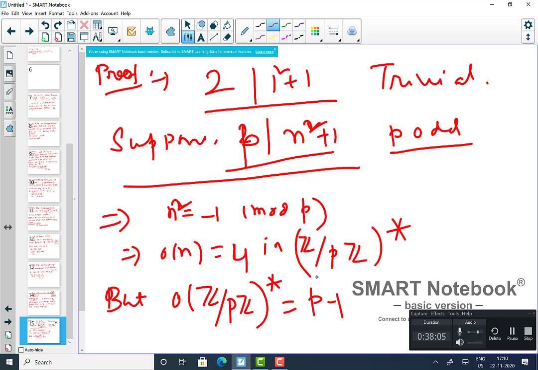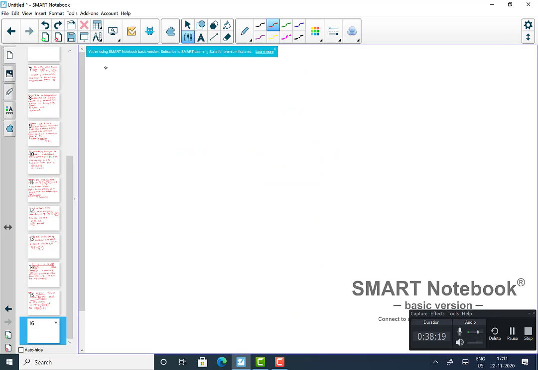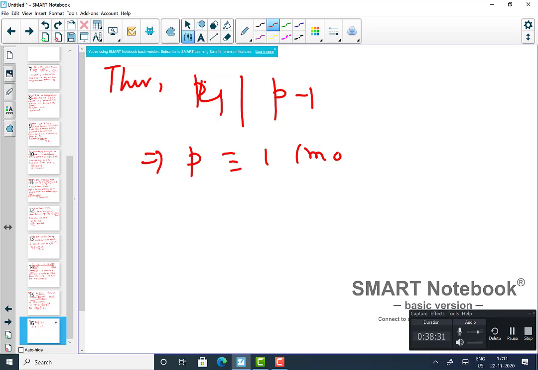Because except 0, every other element forms a group with respect to multiplication. And we know the order of an element divides the order of the group. So thus 4 divides the order of the group, p minus 1, and this implies p is congruent to 1 mod 4. This is the one part of the proof.